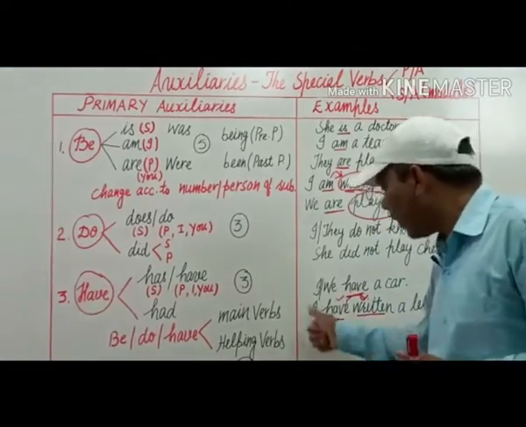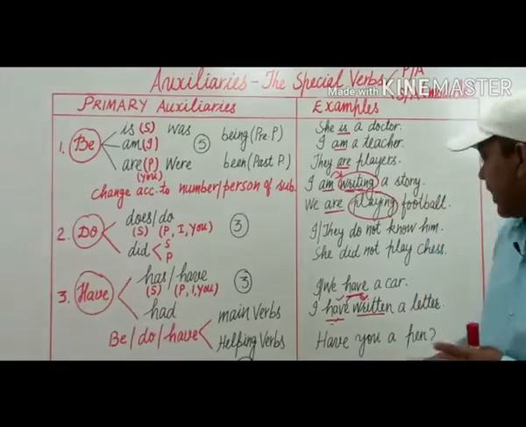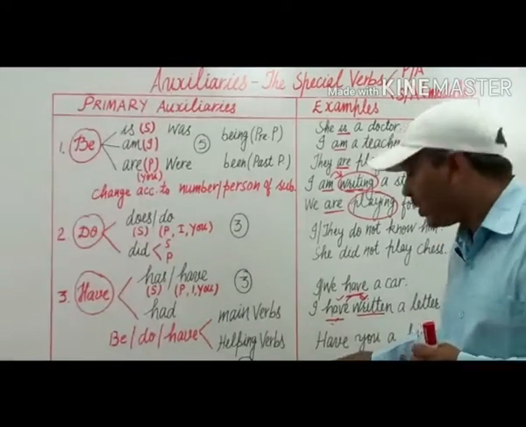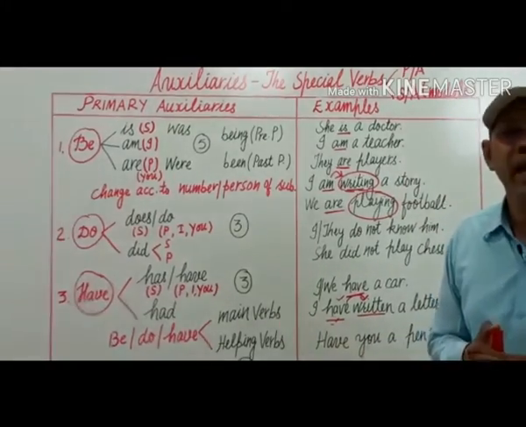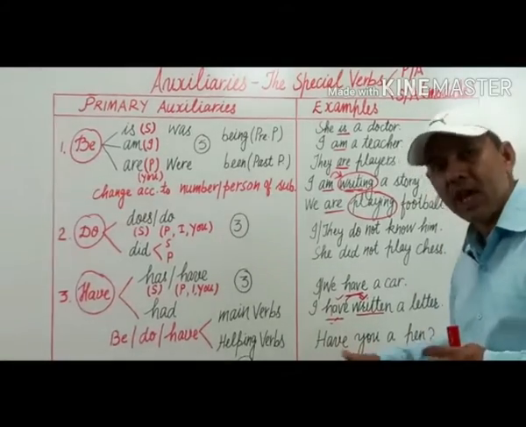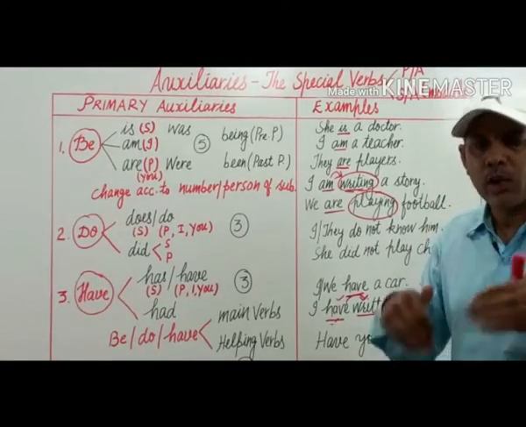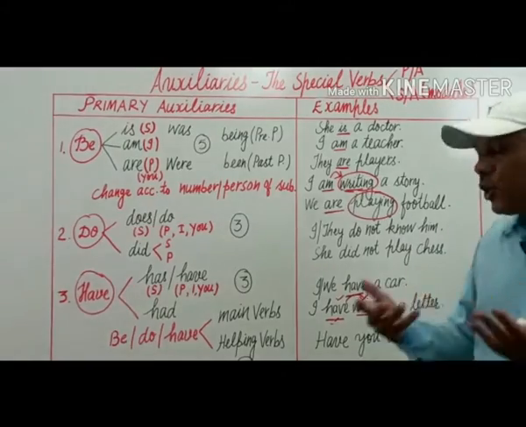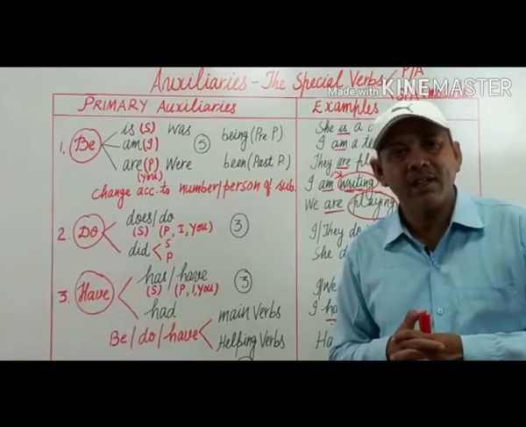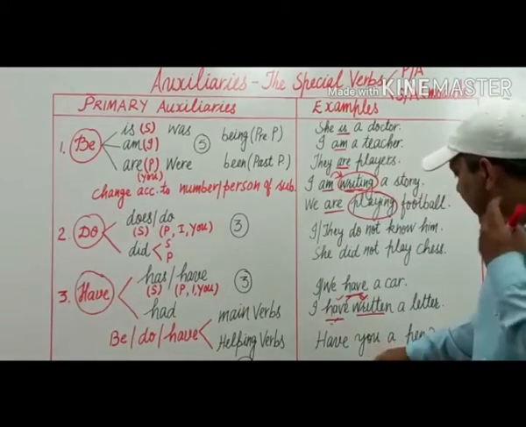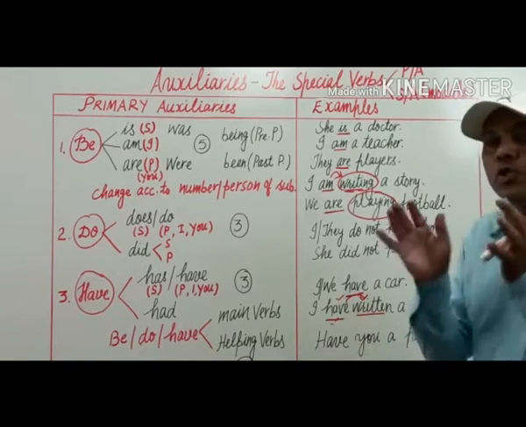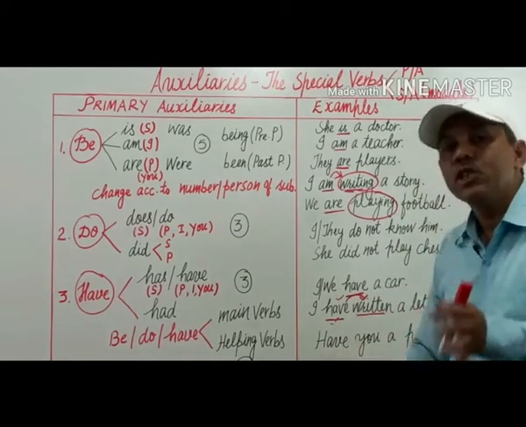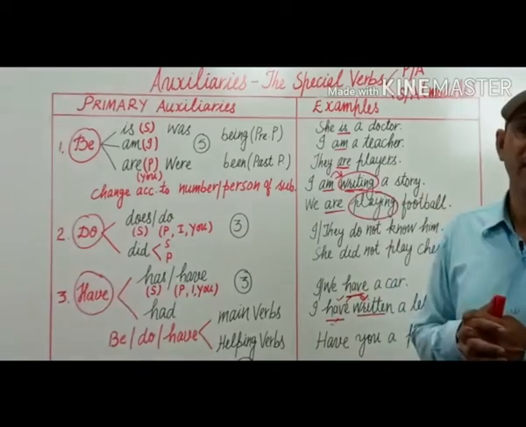We use do before have, but in British use, we use it as the main verb as used in this sentence. Have you a pen? Or in formal English, we can use do you have a pen? In this way, this is used as main verb to show possession of something.